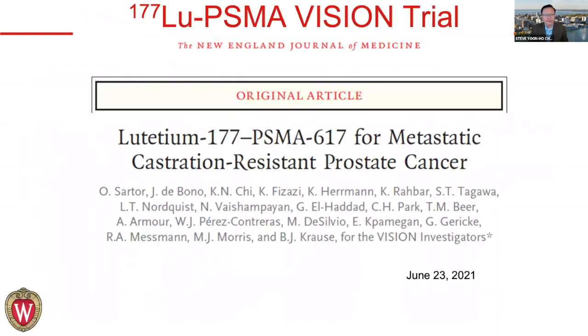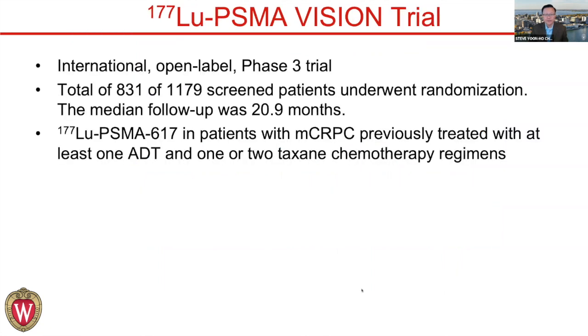So there have been some systematic trials that have been done, and this is the pivotal landmark trial that was done for lutetium PSMA for prostate cancer that was published in 2021. This was an international open label phase 3 trial, and out of a total of 831 patients enrolled in this trial after screening, they treated patients with really very late stage disease.